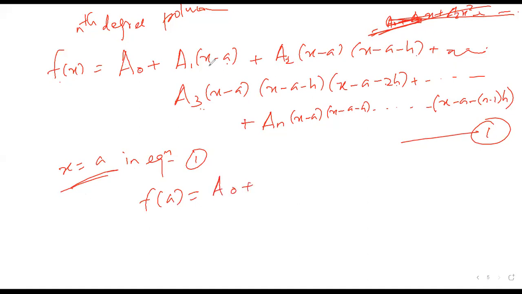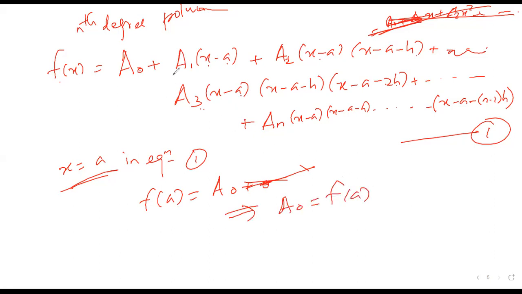See here, if I put a, it will be a minus a. Can you answer me? Yes, 0 times a will be 0. Again, everything else had the factor x minus a, so all other terms will be 0. So what is my conclusion? My a naught will be f of a.